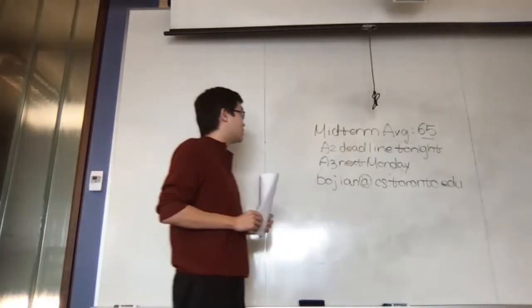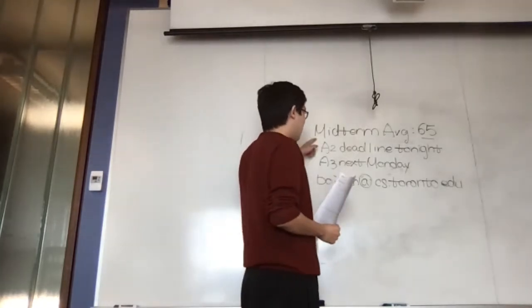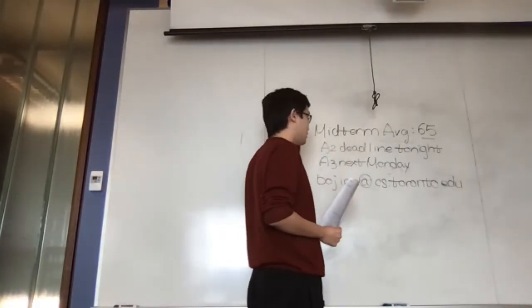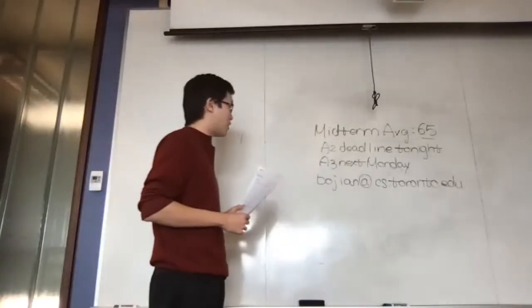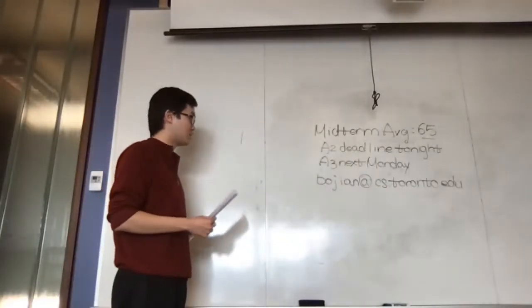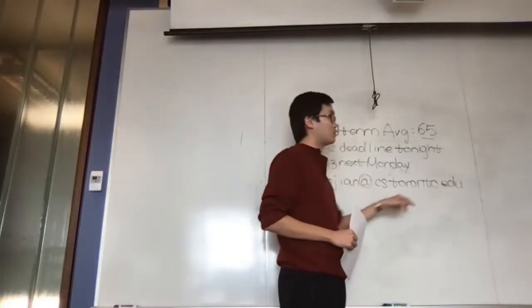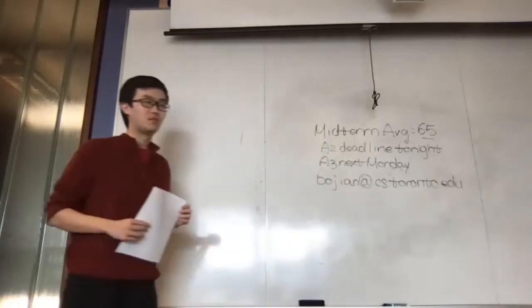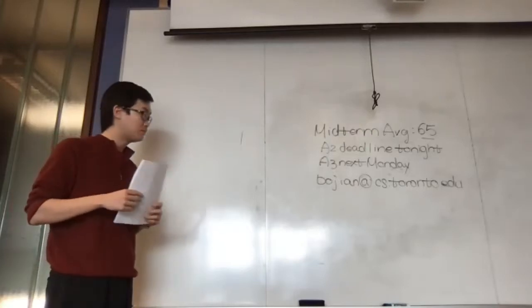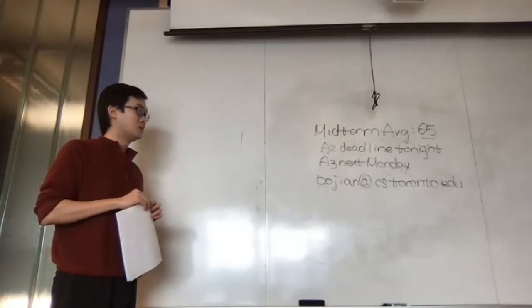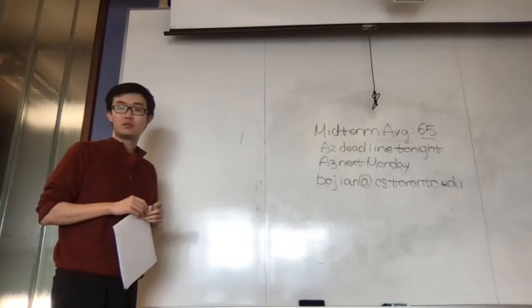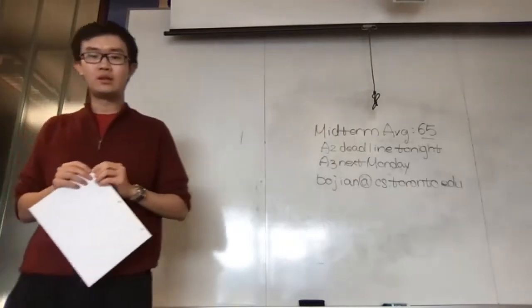In the meantime, if you have any issue with the midterm marking, if you think any of your questions have been marked incorrectly, please either send it to my email address or open a private post on Piazza. Either way, I'll be able to see it. Any questions or concerns?